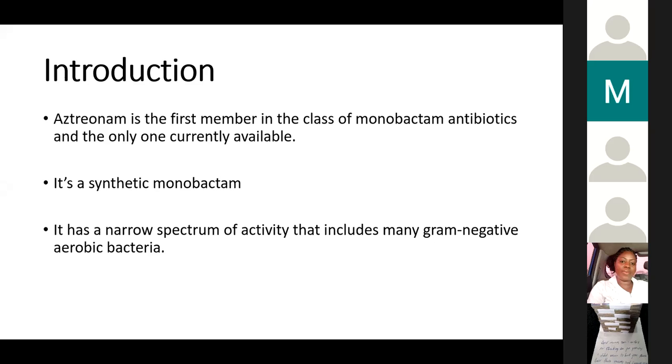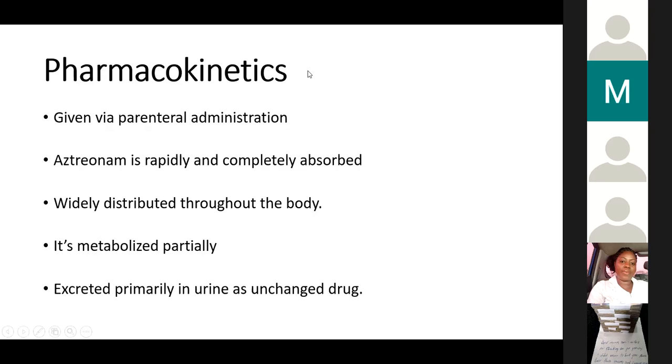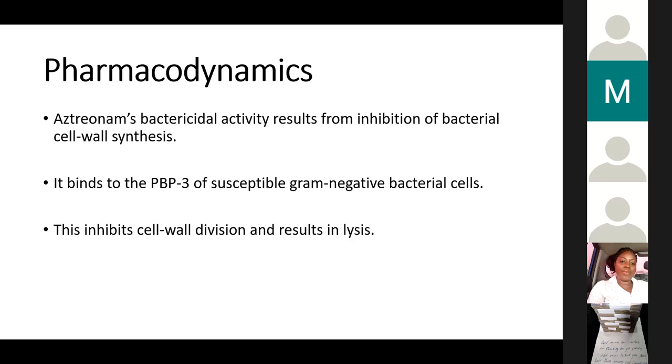So this includes a lot of gram-negative aerobic bacteria. It is given by parenteral administration. It is rapidly and completely absorbed, widely distributed throughout the body, and it is partially metabolized and excreted in the urine as an unchanged drug.